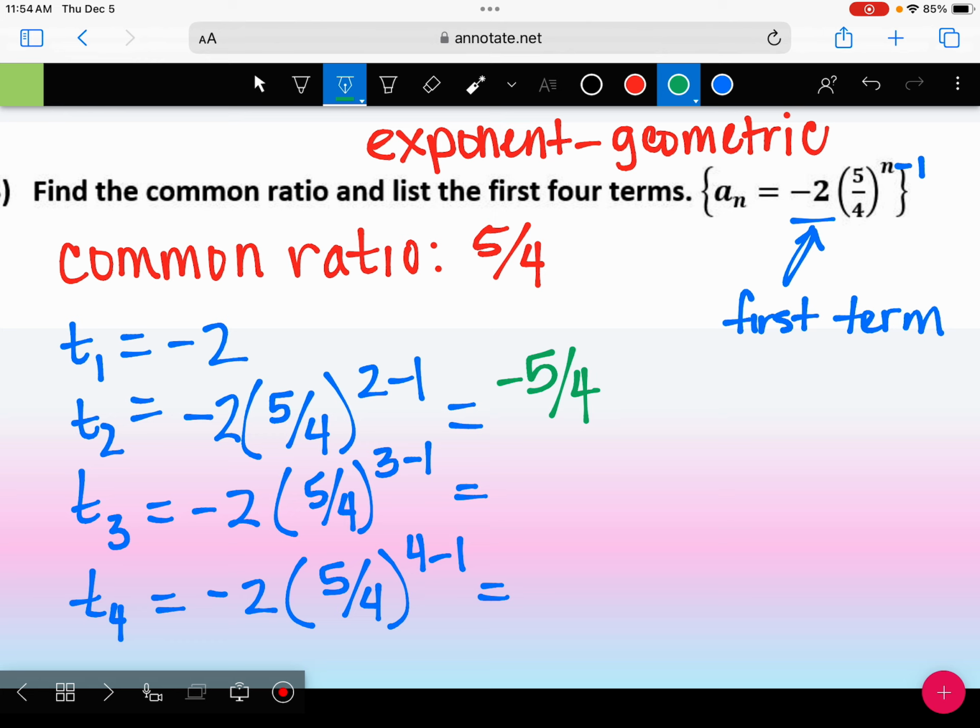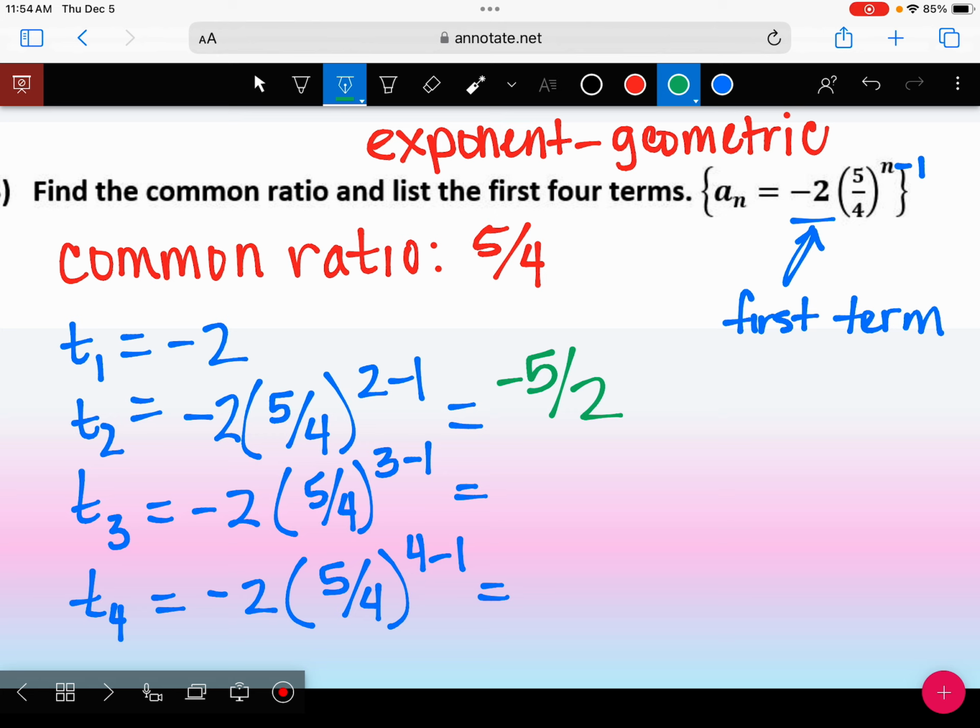Okay, what did you get for the second term? Oh, yeah. I wrote it wrong. Yeah, so -5/2 or -2.5. You could write it as a decimal.